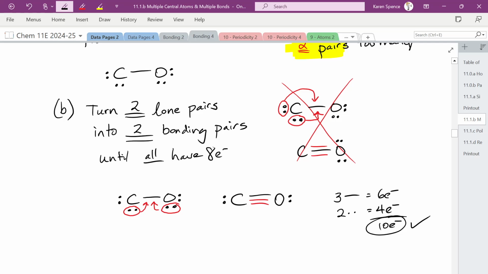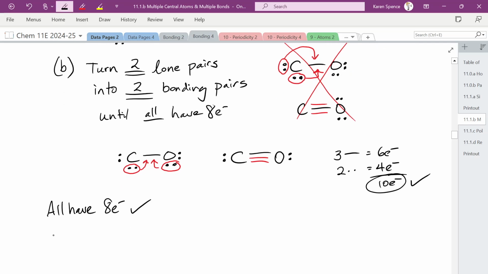What else should we check? And I'm going to go through the whole list here, even though we don't have certain things. What else should we be checking for? We should check that everybody has 8 electrons. And that is a correct statement. If we have hydrogen and fluorine, what do we check for?